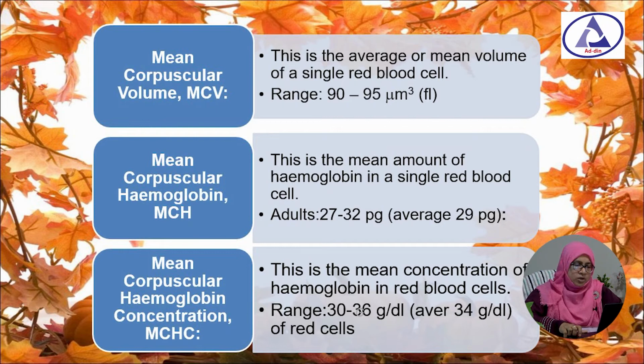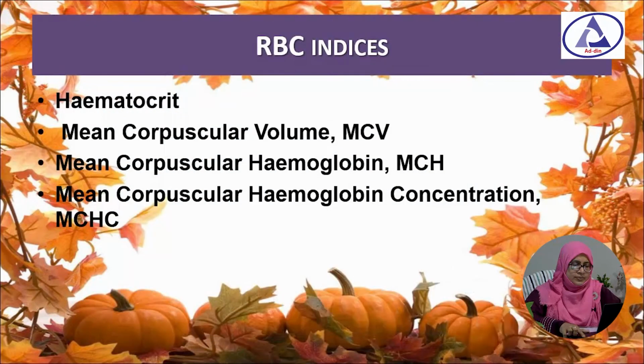MCH is the mean amount of hemoglobin in a single red cell, and its value ranges about 27 to 32 picogram. MCHC is the mean concentration of hemoglobin in red cells. It ranges from 30 to 36 gram per dl of red cells. So the RBC indices are hematocrit, MCV, MCH and MCHC.